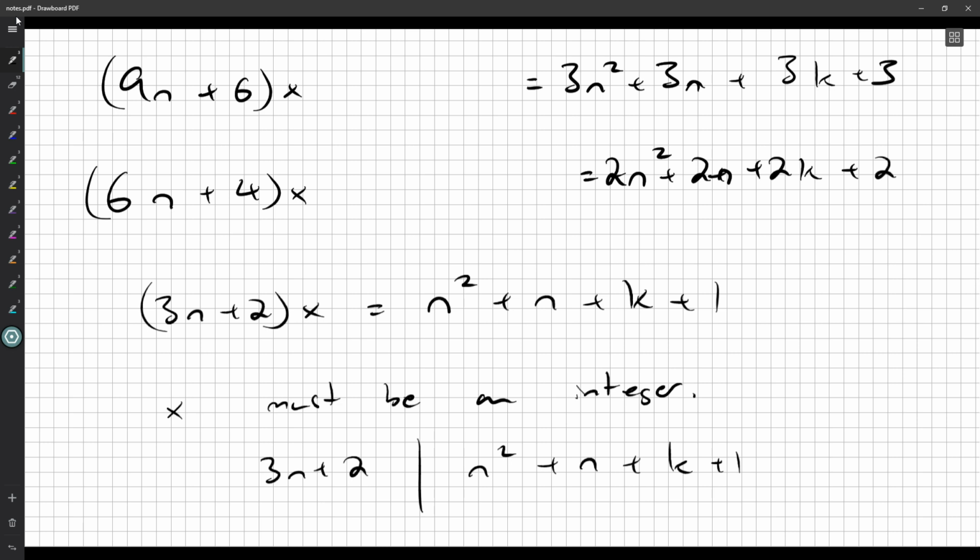So I don't know what k is, but I should be able to get an n squared out of that. Well, if 3n plus 2 divides this, then 3n plus 2 must divide 3 times this. Right?